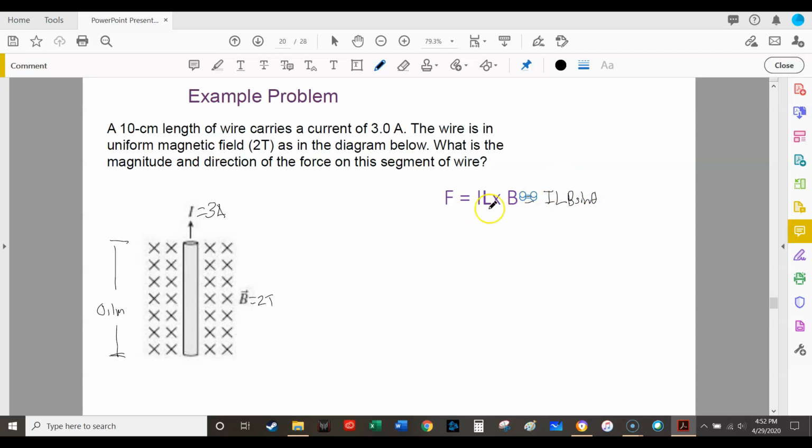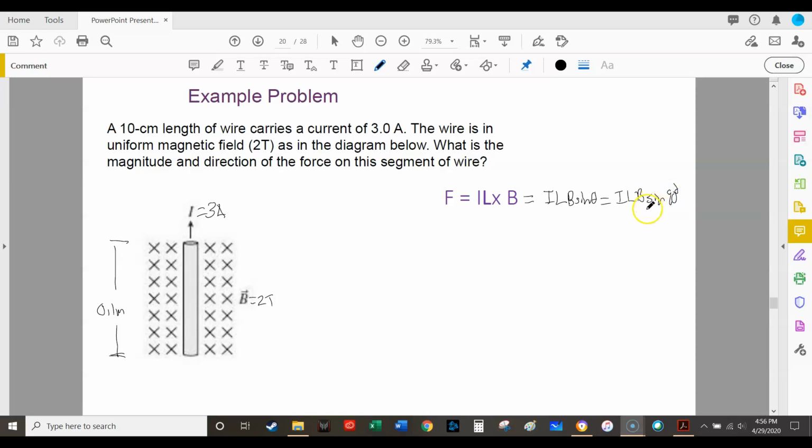Okay. In this case, theta is going to be 90 degrees, because it looks like the current and the magnetic field are perpendicular to each other. So that's going to be 90 degrees.